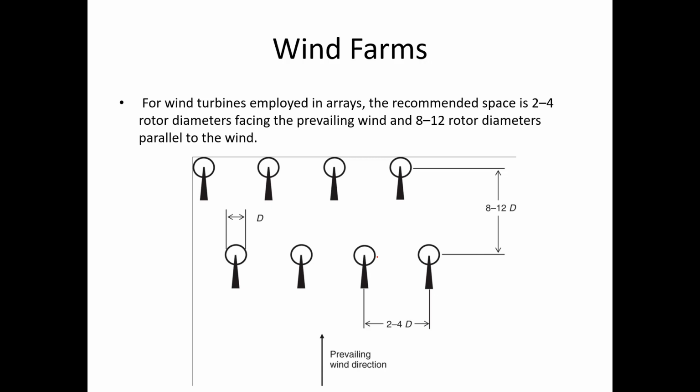So the general rule of thumb is that it's recommended that there be a space of 2 to 4 rotor diameters facing the prevailing wind, and 8 to 12 rotor diameters parallel to the wind. So again, this would be the wind direction, 2 to 4 across, and then 8 to 12 diameters in the direction of the wind.